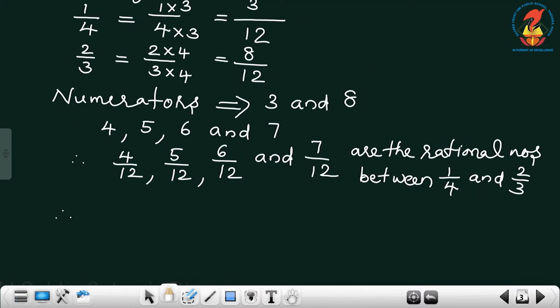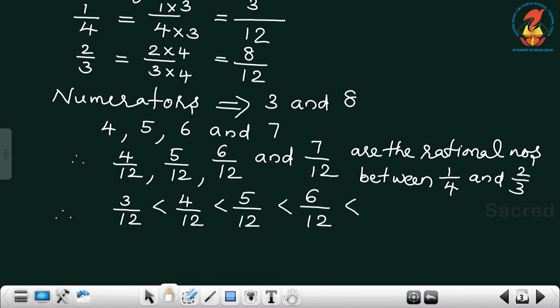Therefore, we can write like this: 3 by 12 less than 4 by 12 less than 5 by 12 less than 6 by 12 less than 7 by 12 less than 8 by 12.